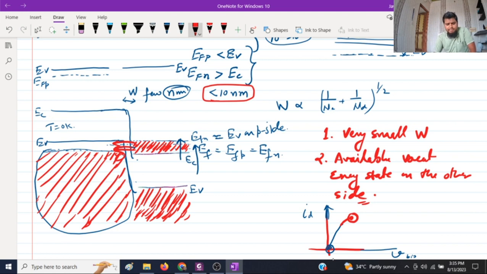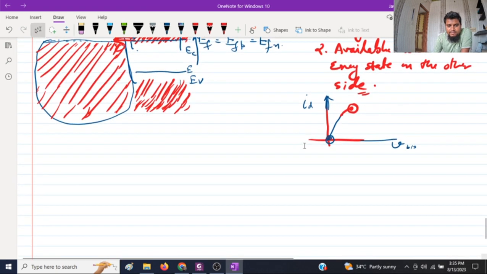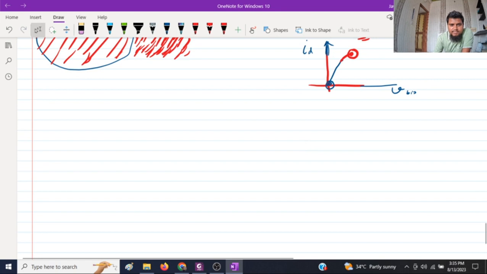Why am I saying maximum? Because if you move it further, what will happen is that this EC is also moving up as you are giving the bias. EV is also. So if you increase the bias further, the situation will be something like this.